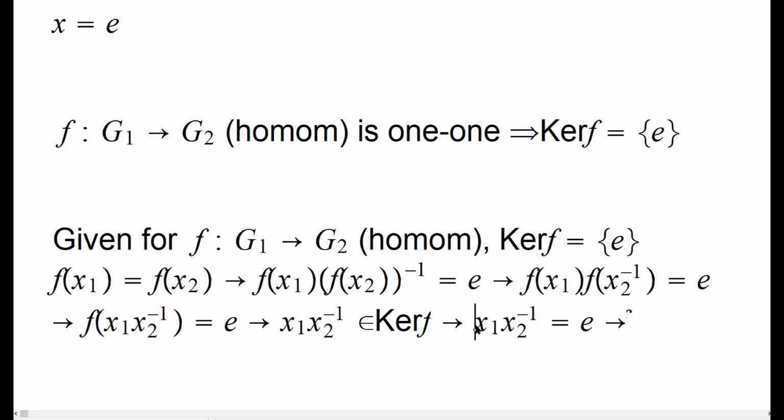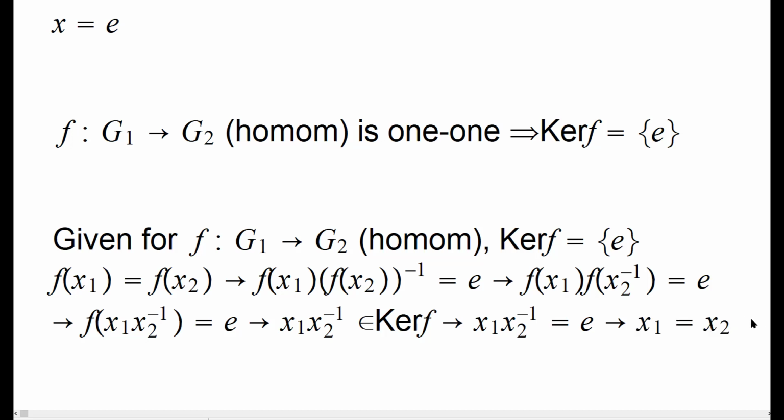We can multiply both the sides by x2. x2 times e is x2, and x2 times x2 inverse is simply the identity. So this will just come down to this.